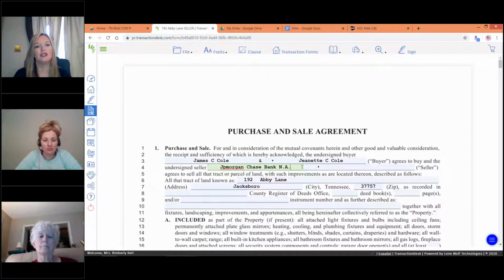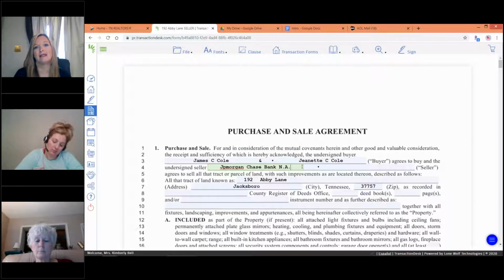Maybe it's 192 Abbey Lane, including only 5 acres. Or with only 5 acres. A perfect example is maybe 192 Abbey Lane is 80 acres and it has a house. 192 Abbey Lane, you can put that there or you can bring it down below. So if you wanted to put it down below, it would go on line 10.